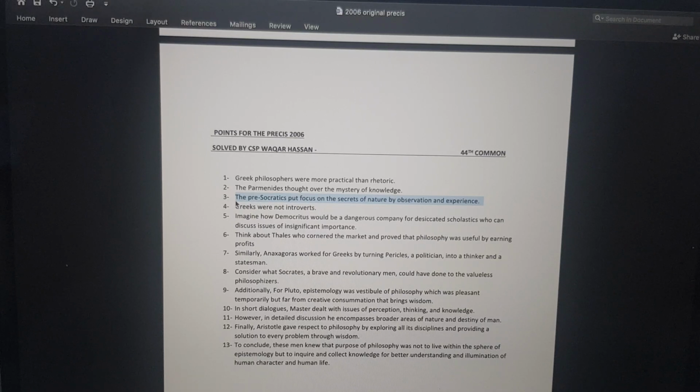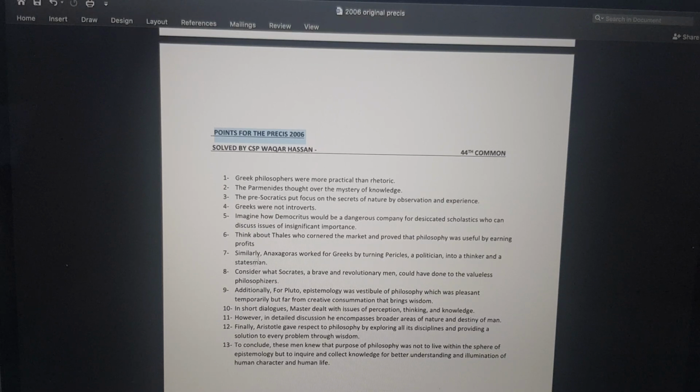You have to write all the main points in the form of these points, and you have to write all these points under the heading points for the précis. So, the first step in the process of writing a précis is points for the précis, and you have to make all the important points in sequence.